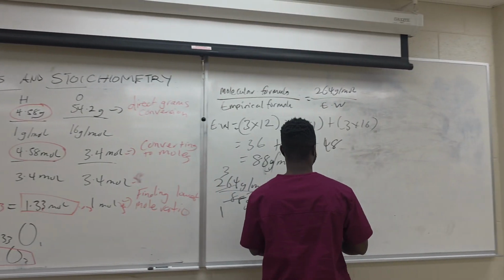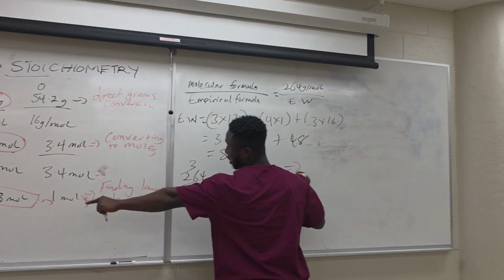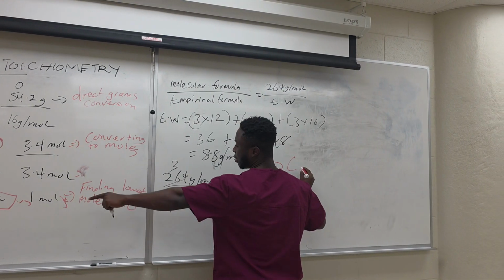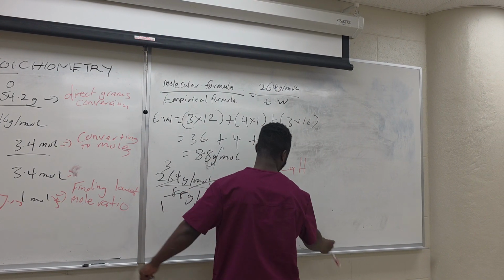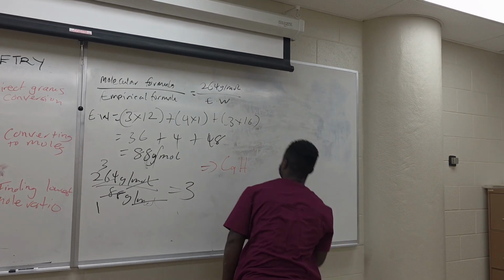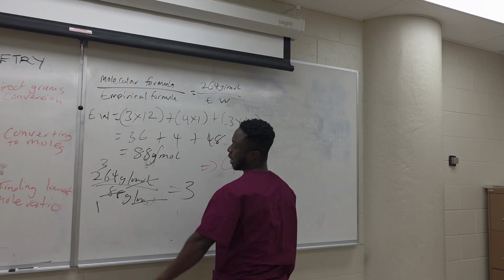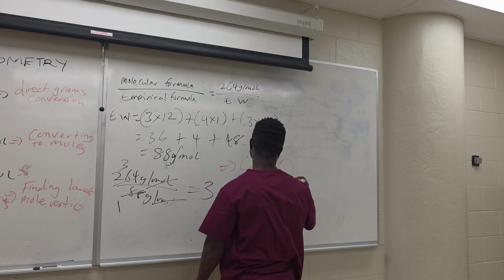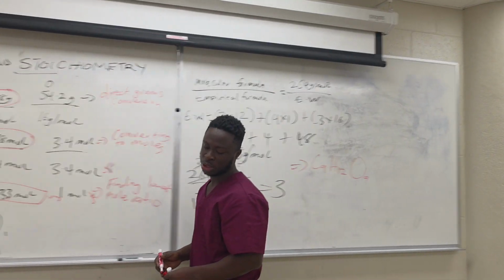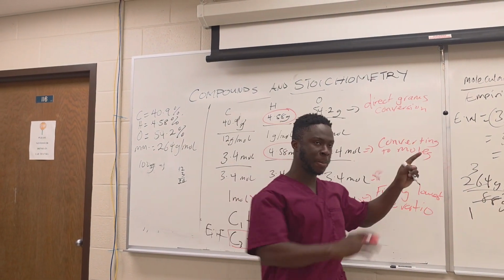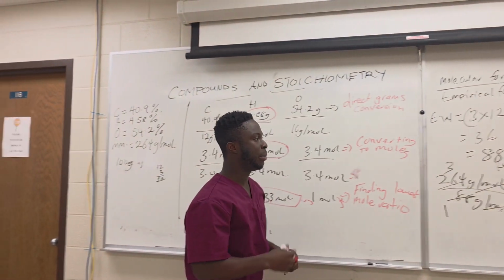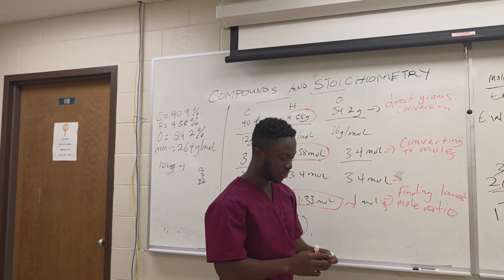My C, 3 times 3 is 9. My H, 4 times 3 is 12. And then my O, 3 times 3 is also 9. So this would be my empirical formula and molecular formula conversion.